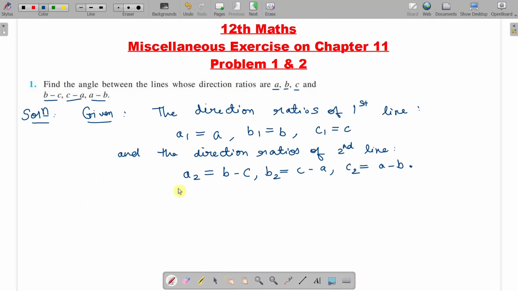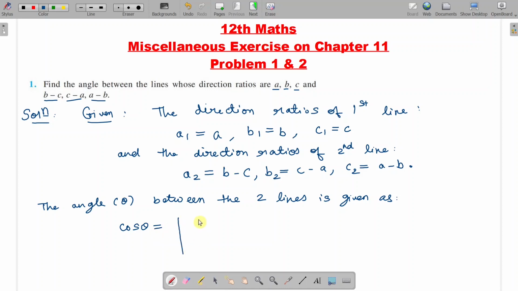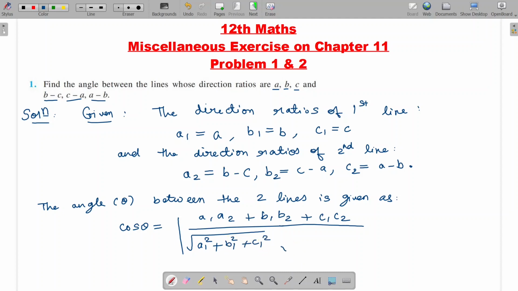Okay. Now let us look at the angle between the two lines. The angle theta between the two lines is given as this: cos theta is equal to modulus of A1 A2 plus B1 B2 plus C1 C2, and then this is whole divided by root of A1 square plus B1 square plus C1 square into root of A2 square plus B2 square plus C2 square.